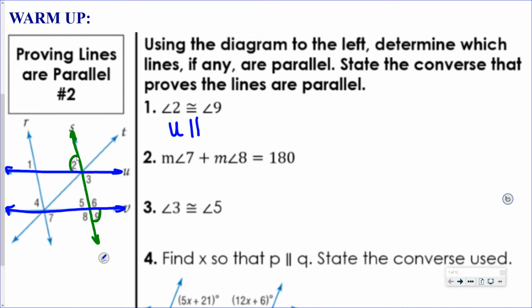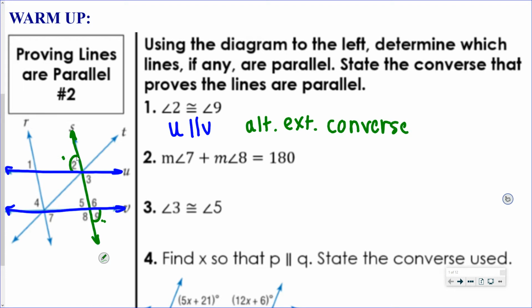Yes. Because what's the relationship between angle 2 and 9? Alternate exterior. And the alternate exterior converse says if you have a pair of alternate exterior angles that are congruent, the lines are parallel. Alternate exterior converse.